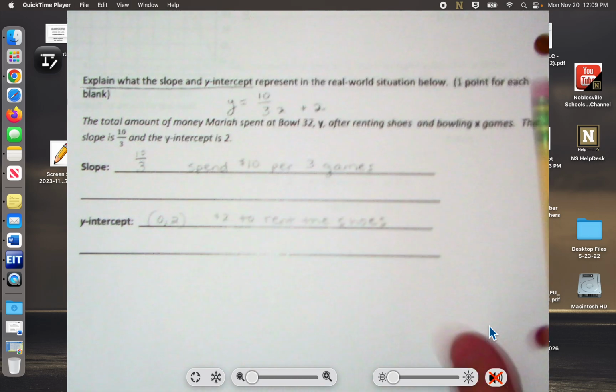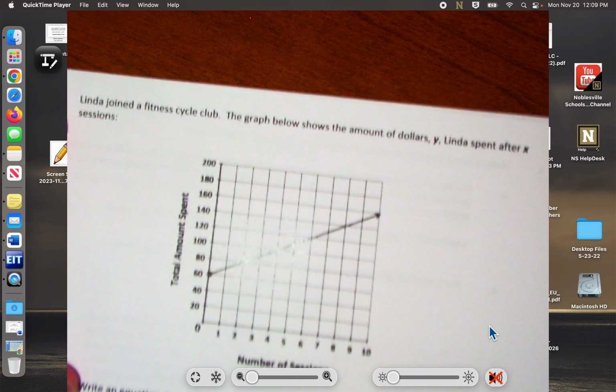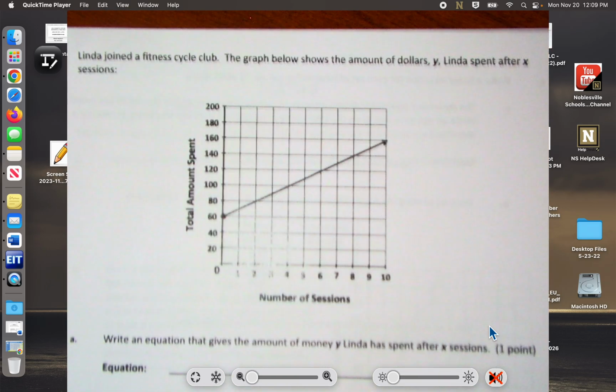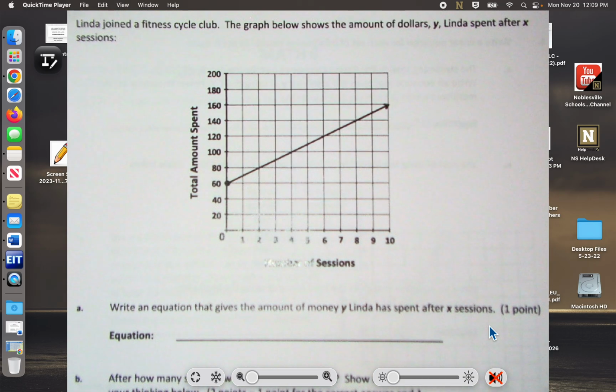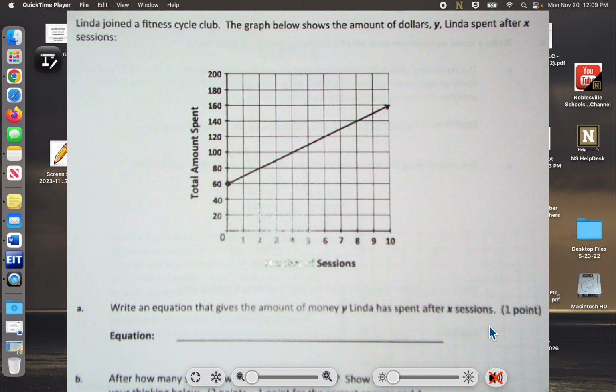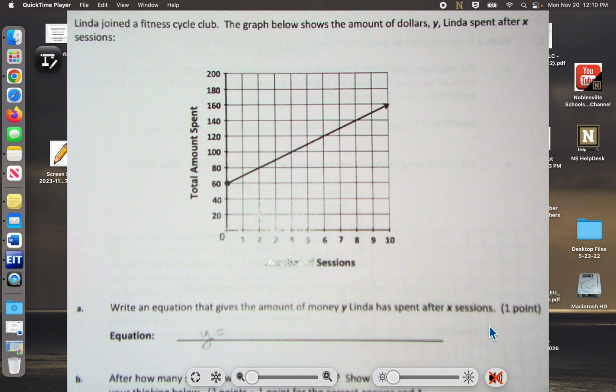All right, let's move on. We're just zipping through this study guide. We have Linda here, who joined a fitness cycle club. The graph below shows the amount of dollars, y, she spent after x sessions. Okay, so our equation is going to be y equals, right?